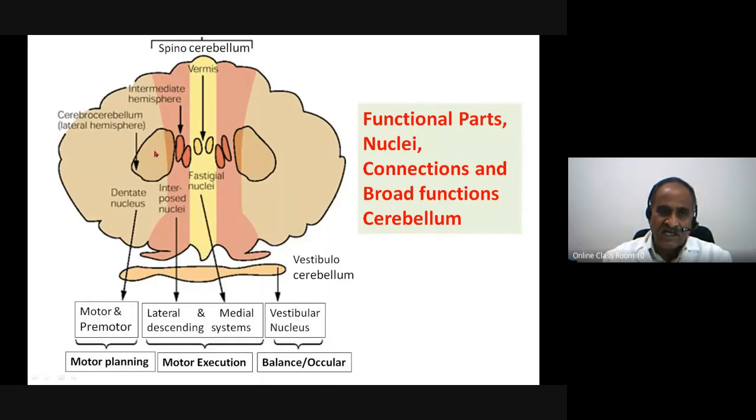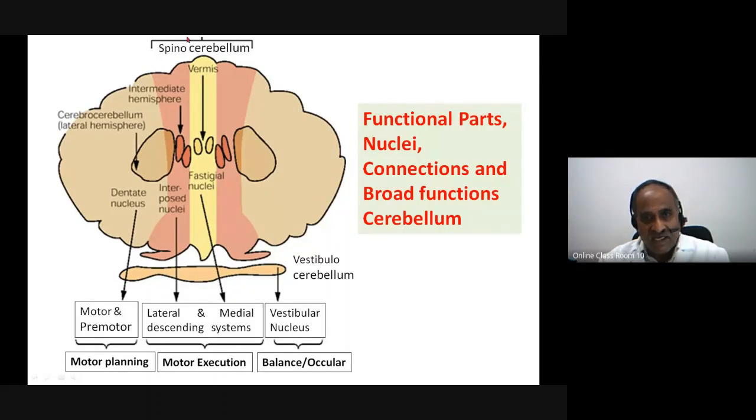This lateral part is involved in the motor planning in association with the premotor area to the motor cortex. Also, it will be in association with the basal ganglia. In this, the output is going through the dentate nucleus.